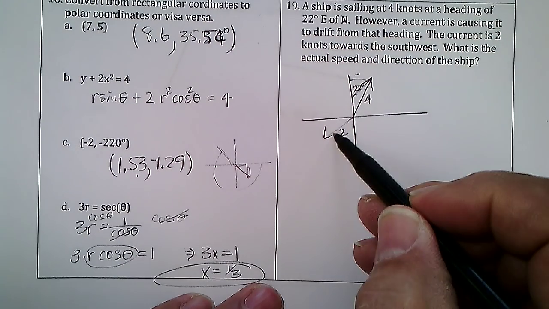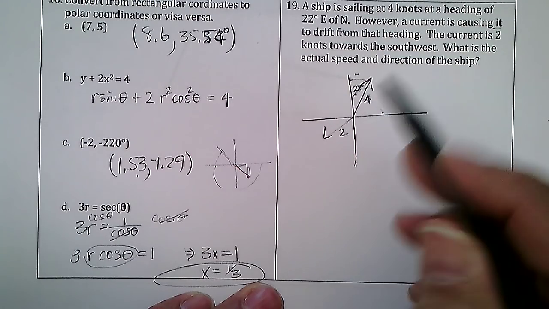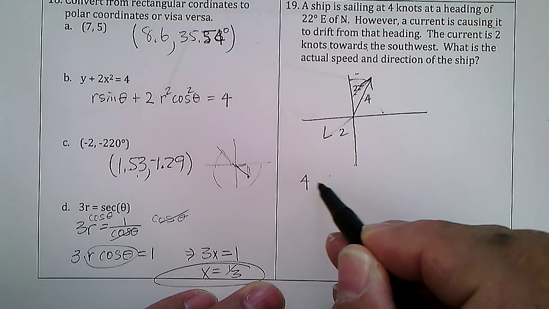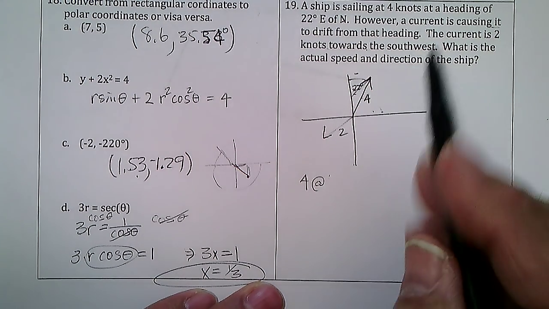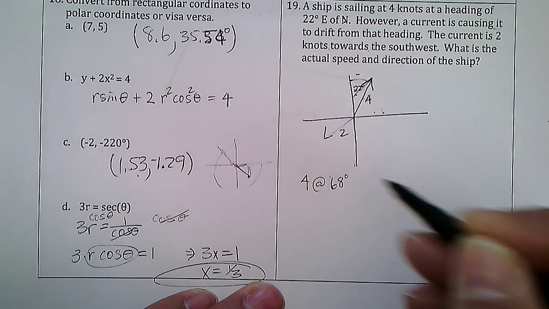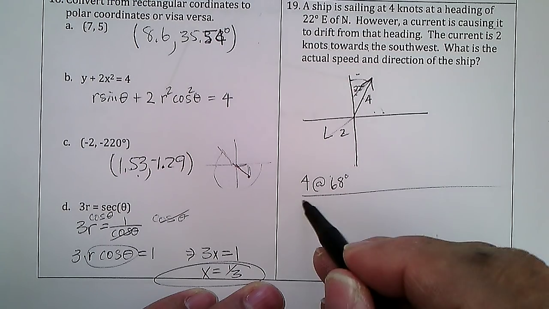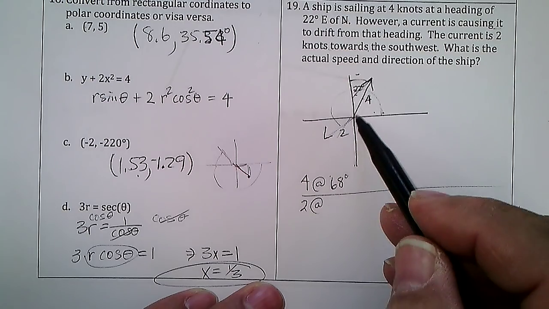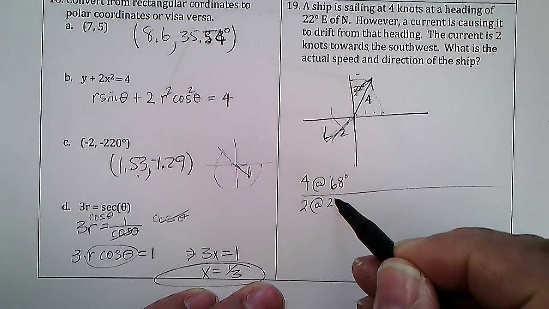So if I do this with vectors, I have the first vector, 4 knots at, and if it's 22 off of 90, then it would be 68 degrees in trig. And the other one I have is 2 at, and if it's southwest, that's in the middle, that's a 45, so that's 225.